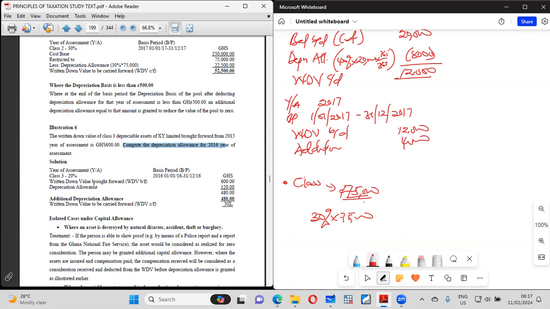So when we calculate the capital allowance, this is a class 3, so it's 20%. When you do the 20%, you have 120. The written down value is 480, which is below the 500. So we grant all the 480 as an additional capital allowance.